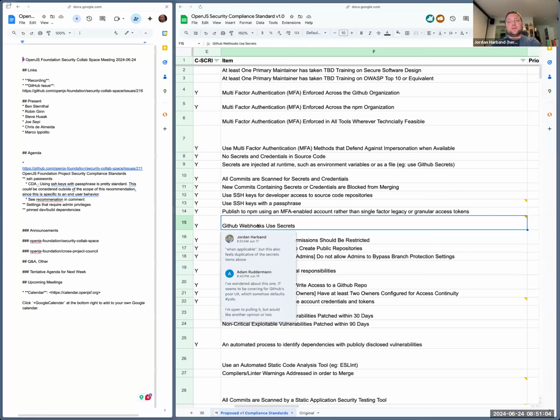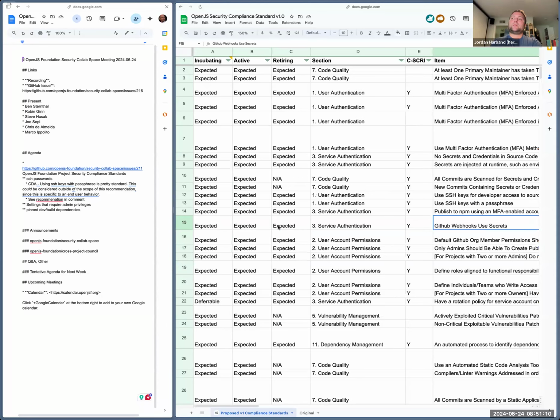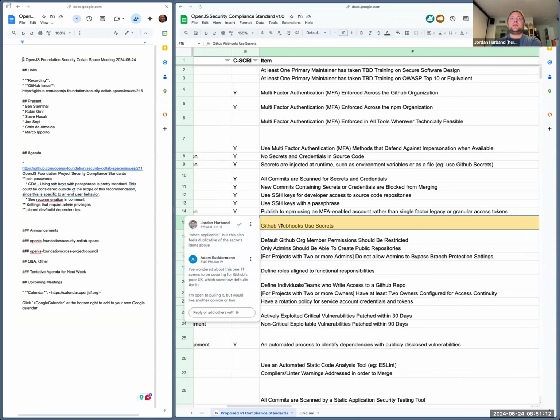It's just the same sort of vein as the GitHub Actions pinning thing. If the workflow is doing something dangerous, something that if compromised would actually matter, then you should lock it down any way you can, which includes pinning and secrets and all that stuff.